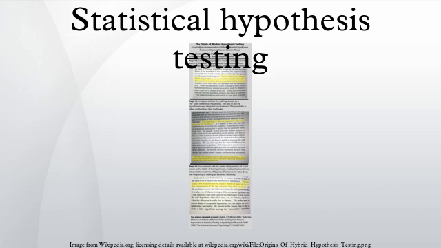Hazewinkel, Michiel, ed., Statistical hypotheses, verification of, Encyclopedia of Mathematics, Springer. Wilson Gonzalez, Georgina; Sankaran, K. Hypothesis Testing. Environmental Sampling and Monitoring Primer. Virginia Tech. A Bayesian Critique of Classical Hypothesis Testing.